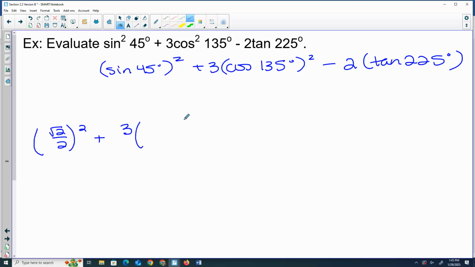Cosine of 135. That one I have to work out. 135 is in which quadrant? Reference angle, 180 minus 135 is 45 degrees. All students take calculus in quadrant 2. Sine is positive, so cosine would be negative. Cosine of 45, so the square root of the bottom over 2, so radical 2 over 2.